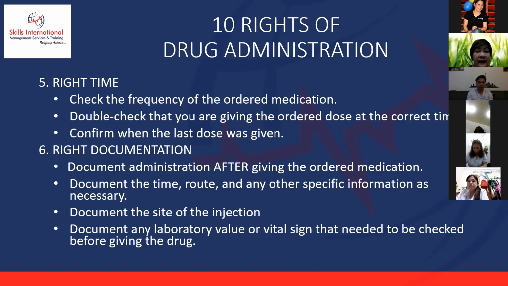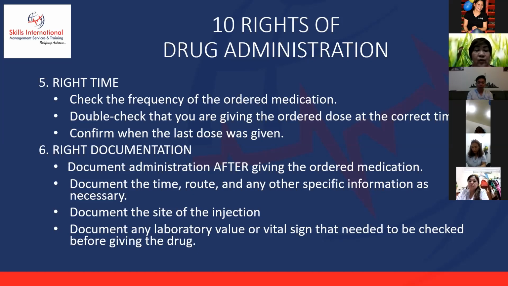Document any laboratory value or vital sign that needed to be checked before giving the drug. There are medications, especially for the elderly, the old ones. For example, if they have a problem with the heart, they are going to take some medication like aspirin.